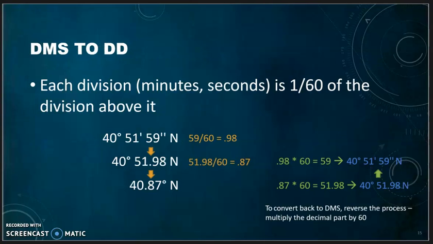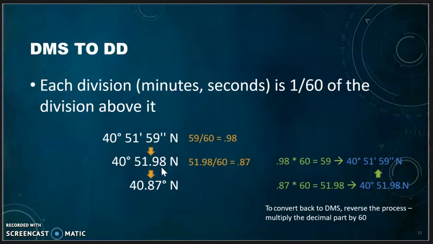Here's an example of how to convert from degrees, minutes, seconds to decimal degrees. We need to remember that each division, minutes and seconds, is 1/60 of the division above it. We'll start with 40 degrees latitude, 51 minutes and 59 seconds north. We start with our seconds: 59 divided by 60 gives us 0.98.